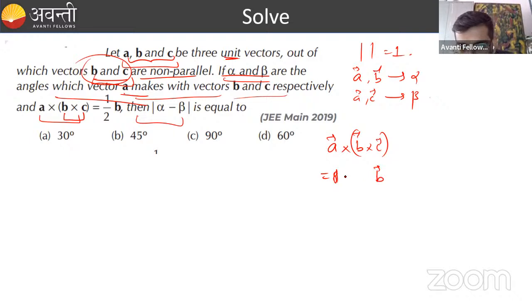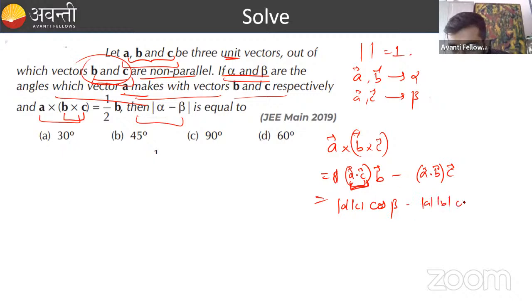We have to keep b bar here, and we will do a bar dot c bar, minus, we have to keep c bar here, and we will do a bar dot b bar. a bar dot c bar will be mod of a mod of c into cos beta, minus mod of a mod of b into cos alpha.